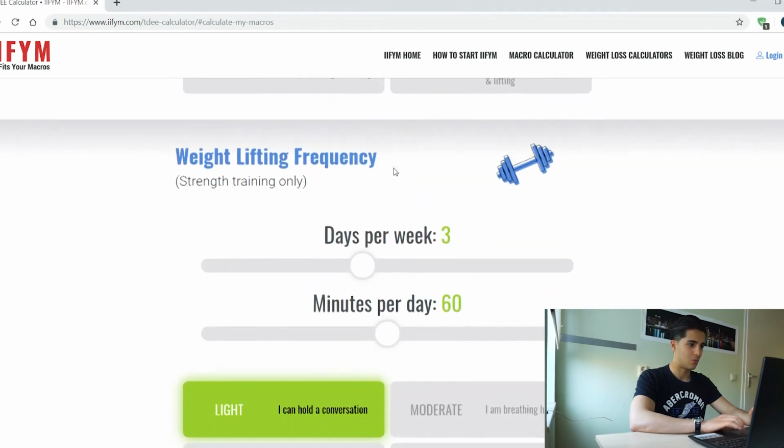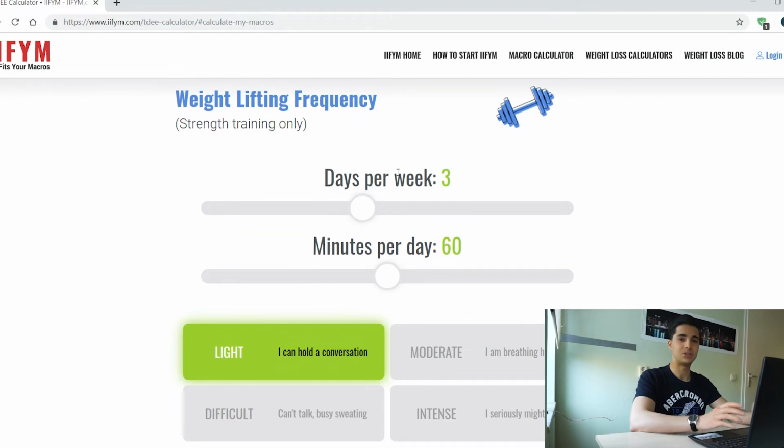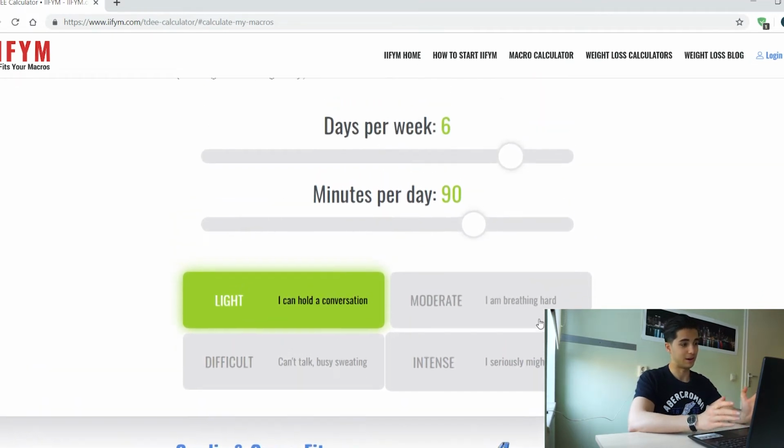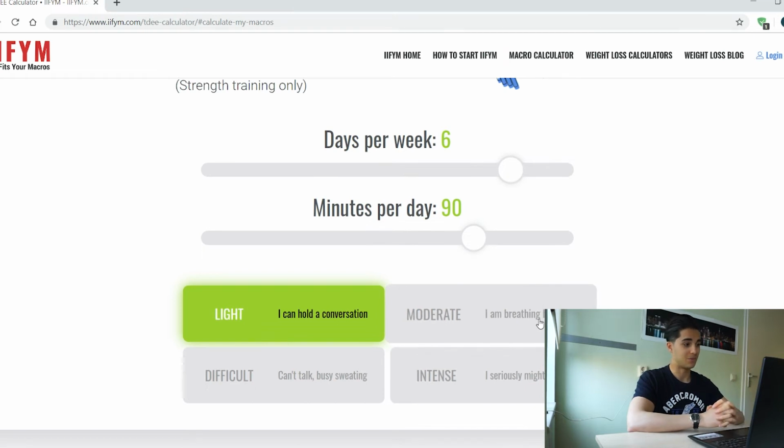So, weightlifting frequency, strength training only. So how many days a week do we strength train? Alright, for me that is 6 times a week, and I would go for 90 minutes strength training only average. So here you have to be honest with yourself again. They are asking you, are your workouts light, moderate, difficult, or intense?